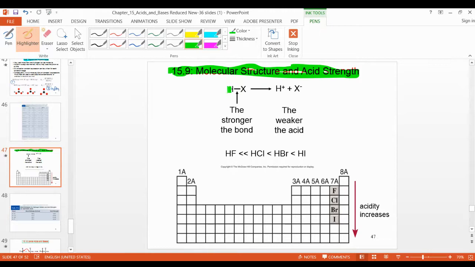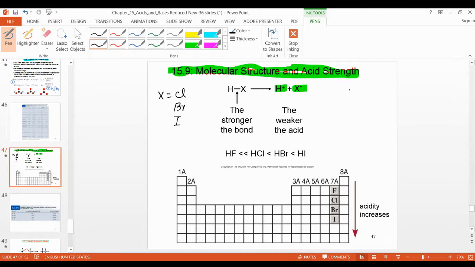Suppose you have H and X. So you will get H plus and X minus, right? Suppose X is chlorine, bromine or iodine. In this case, the stronger the bond, the weaker the acid. You remember this one: stronger the bond, weaker the acid.